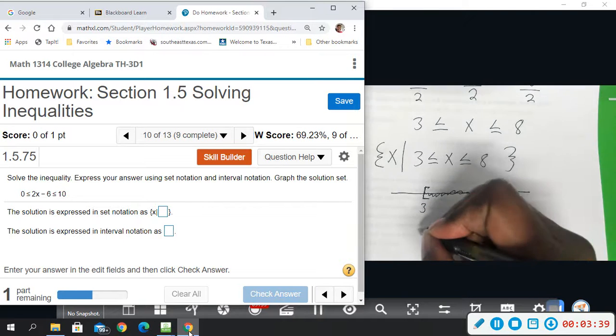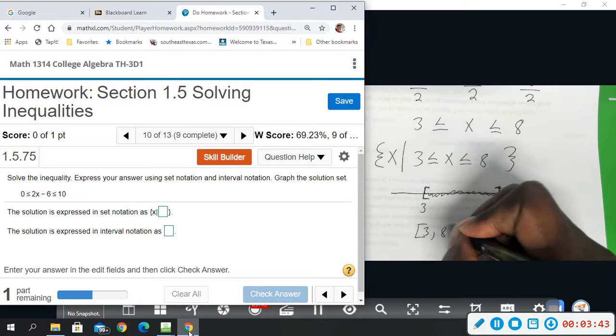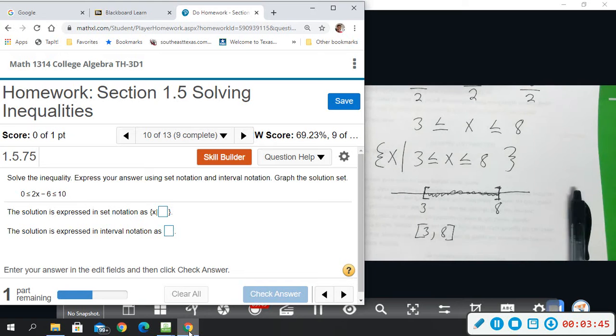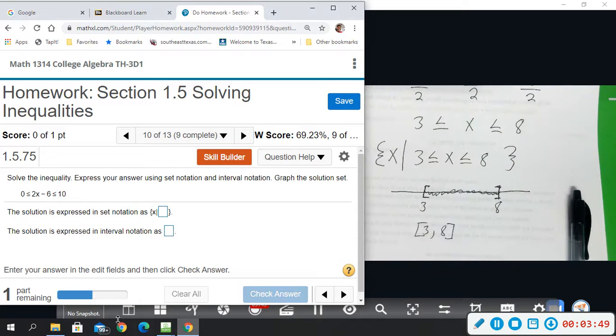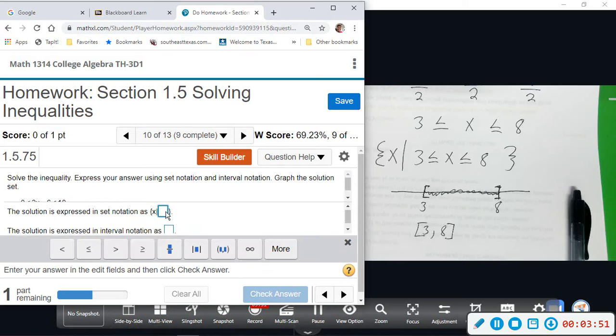And then the interval notation is just the same thing. 3 to 8 in brackets. Brackets because of the underline, which means equal to. All right, so set notation, we have 3 less than or equal to x less than or equal to 8.